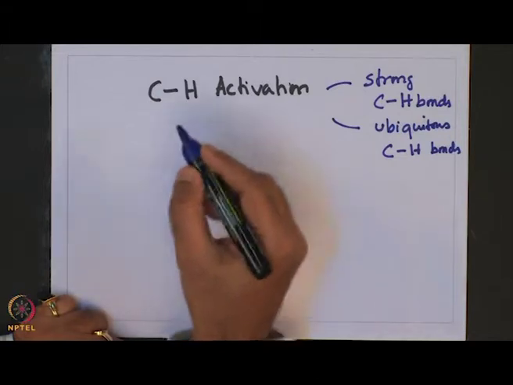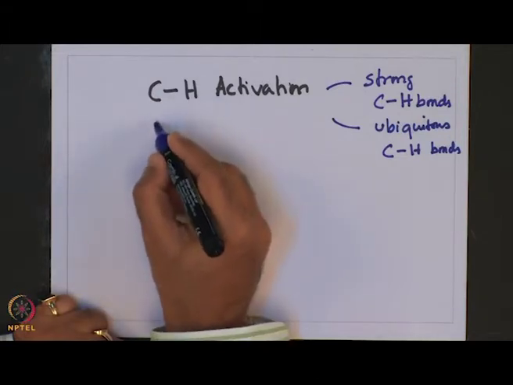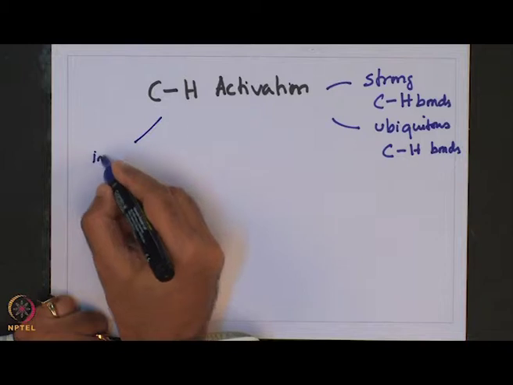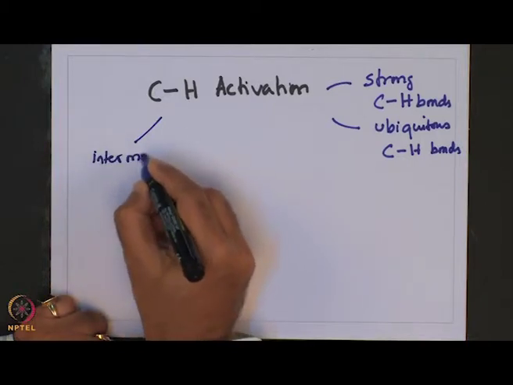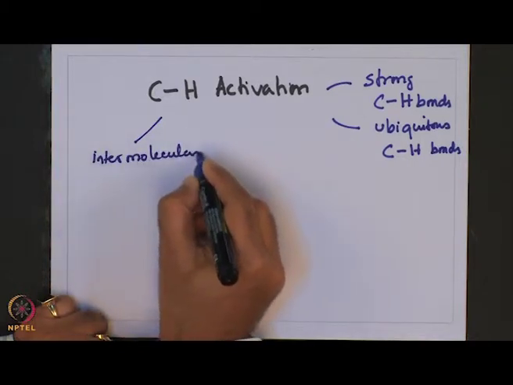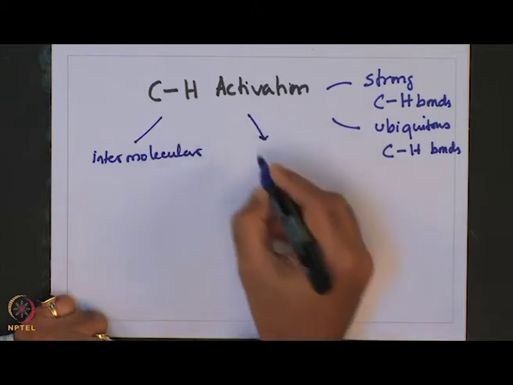We have also discussed in the last lecture various types of CH bond activation chemistry that has been practiced, and what one comes around to is that there are both kinds of CH activation possible. One is intermolecular, the other is intramolecular.